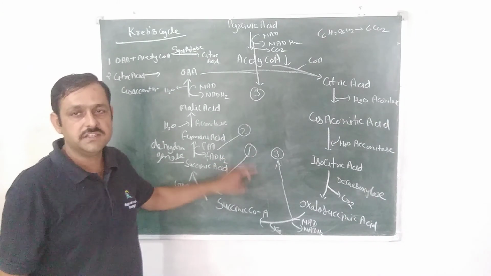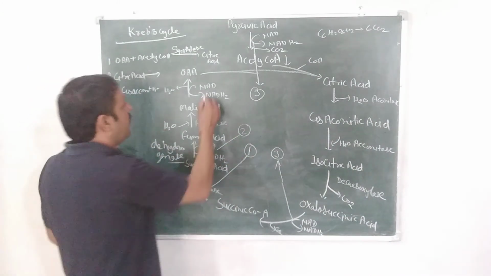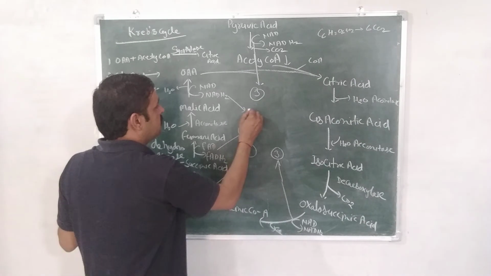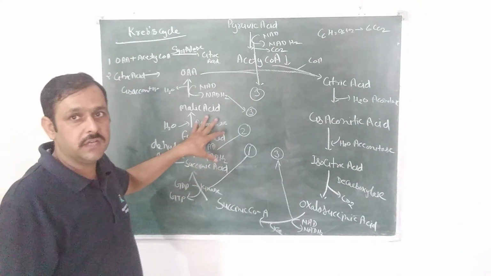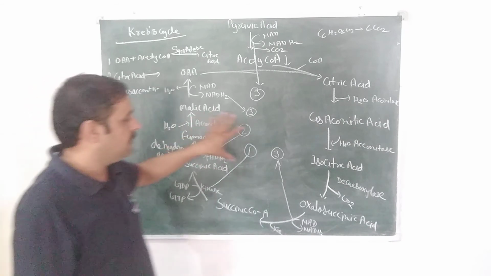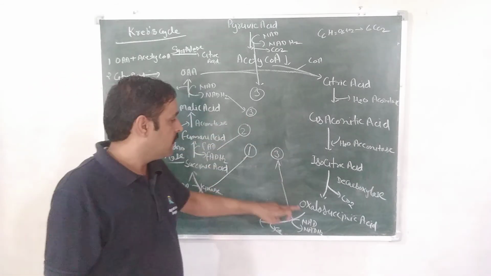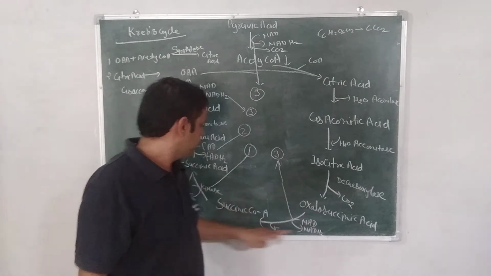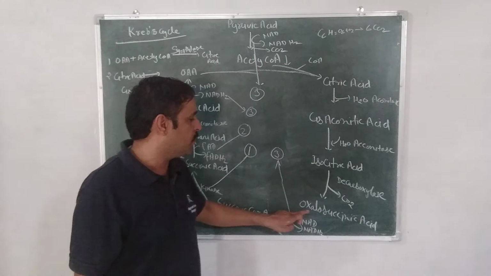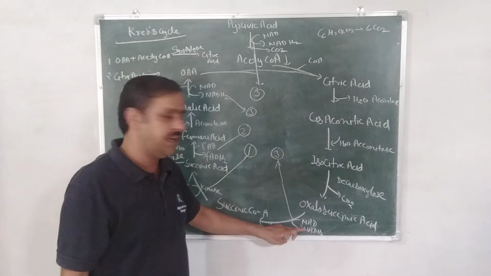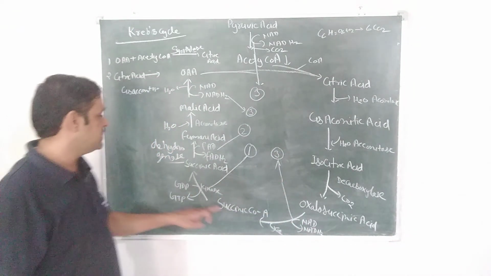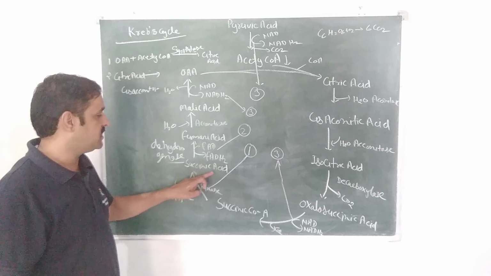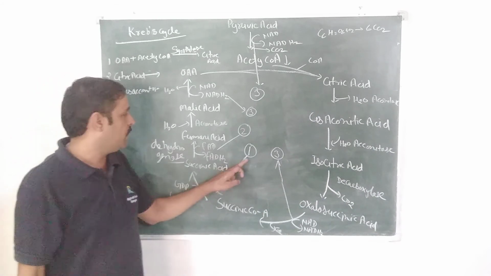This is, we can say, in the ETS, and from NADH2 we obtain 3 molecules of ATP. Whenever we write down the energy budget, then we write clearly: formation of succinyl coenzyme A from oxaloacetic acid, 1 NADH2 is formed. Second step, from succinyl coenzyme A, succinic acid is formed, then we obtain 1 ATP.